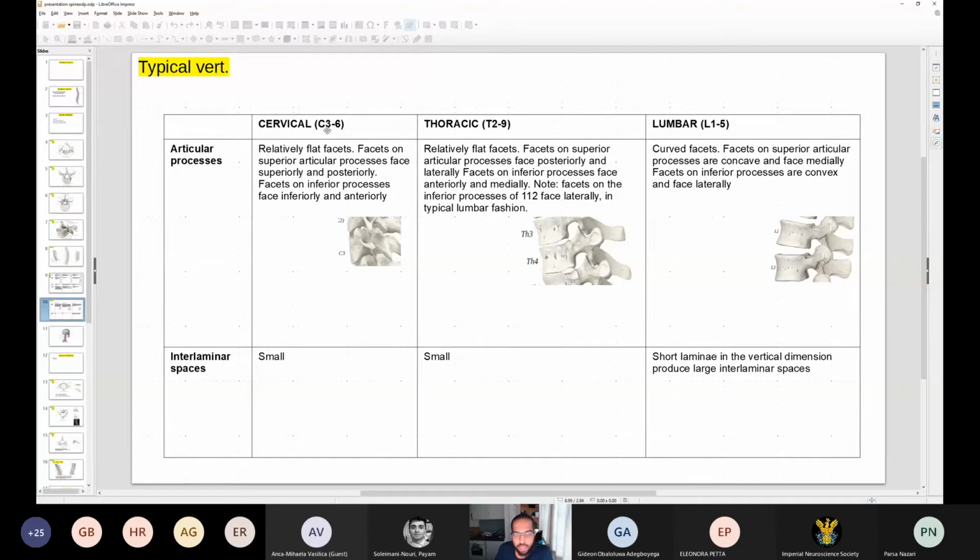Starting with the cervical region, the facets are flat. We're talking about this joint, how one vertebra connects to the other.